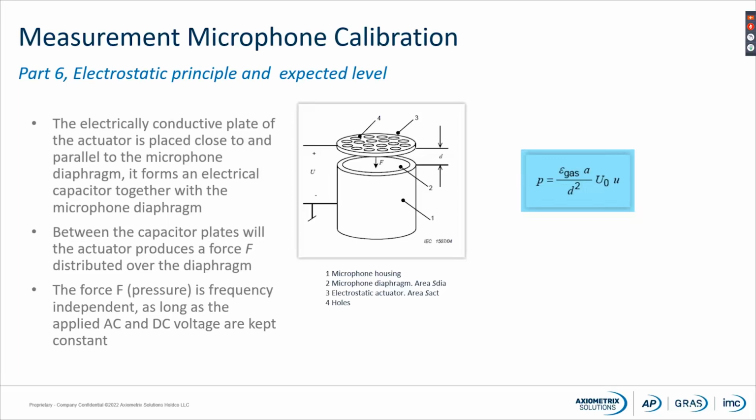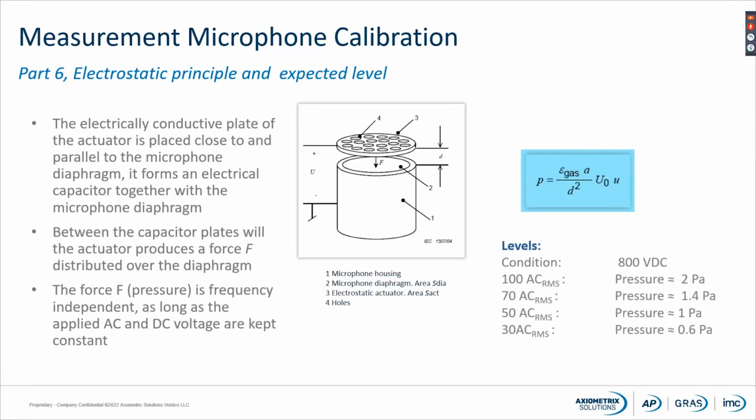We can do some calculations, but what's more important is that if we keep the 800 volt constant, then the pressure levels we are able to obtain are, if we have 100 volt AC over our actuator, a pressure equal to 2 Pascal, 100 dB; 70 volt, 1.4 Pascal; 50 volt, 1 Pascal; and 30 volt, about 0.6 Pascal.